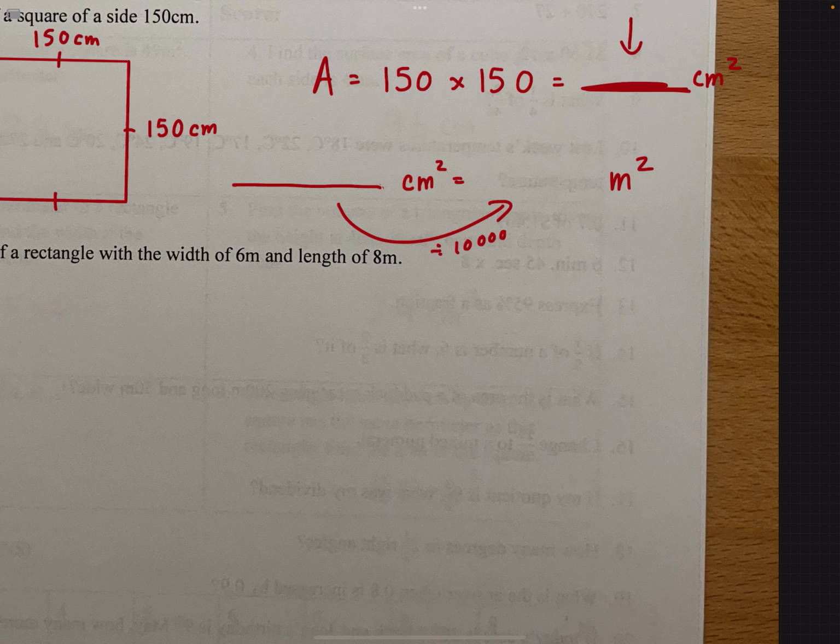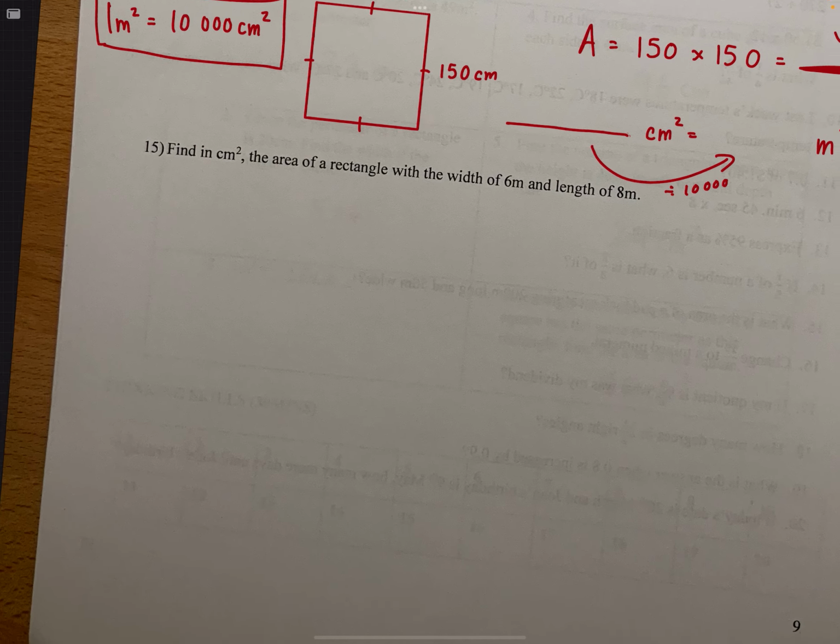So for example, if you got, let's say, 20,000 centimeters squared, you divide it by 10,000, you get 2. That's equal to 2 meters squared. Make sense? Okay. That was just an example. That's not the answer. You can work out the answer by multiplying 150 by 150 to get that answer there.